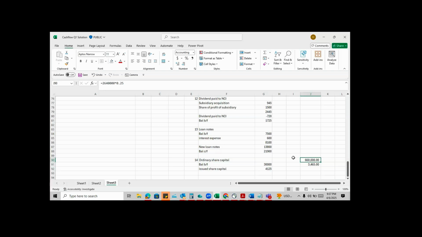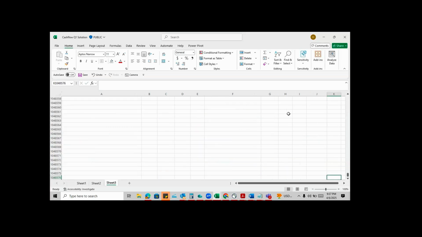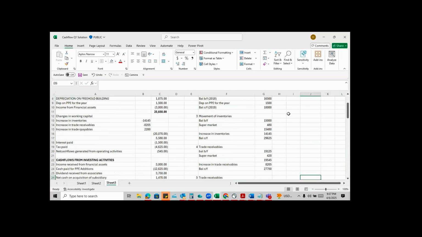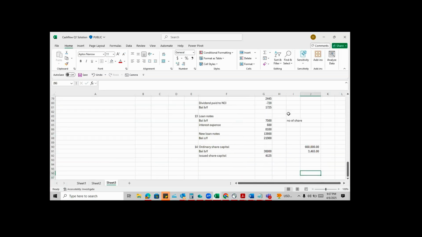What I'm saying is this. The number of shares issued was 2,640,000.